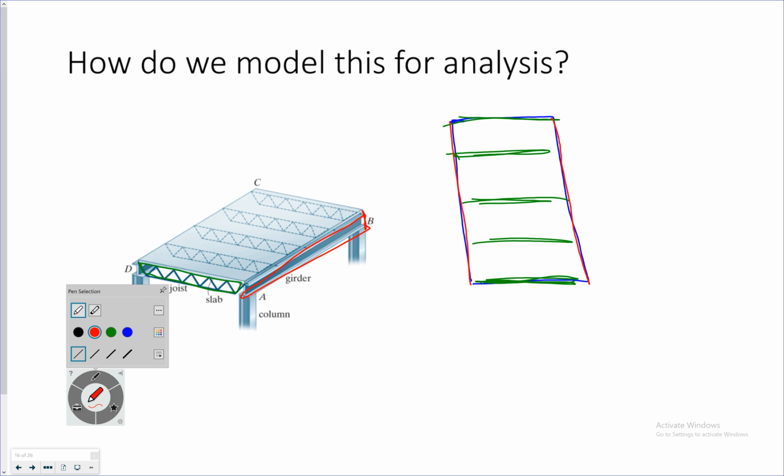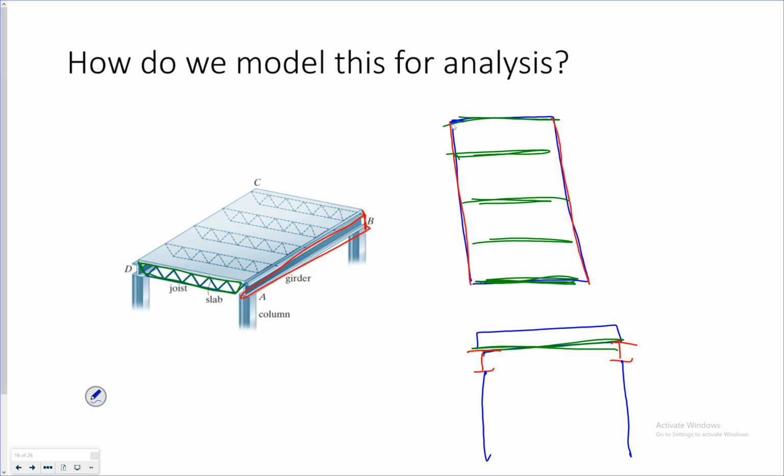And then if I look at it in plan, I have my joists, and I have my girders, and they're resting on columns. You just take the elements of the real world structure and say, what could I use to model that element?